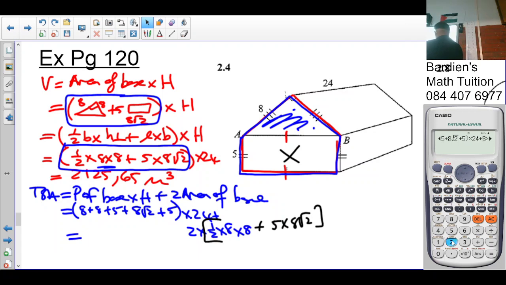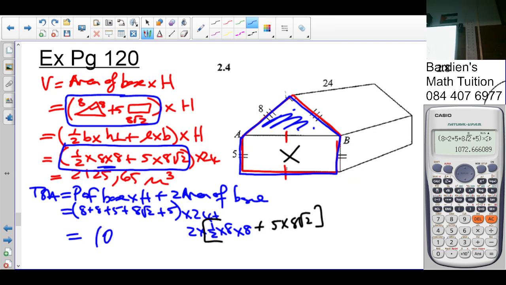So it's 2 times half base times height plus 5 times 8 root 2. 1072,67 units.